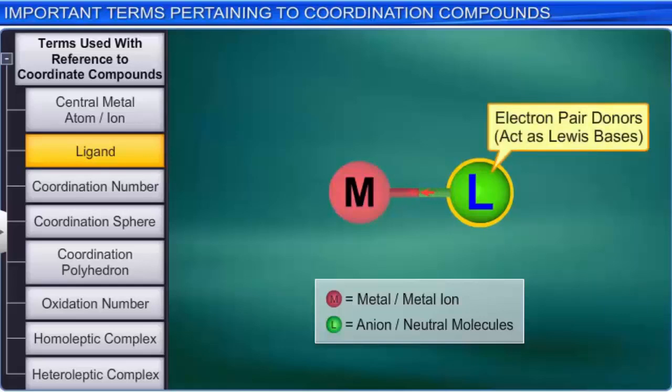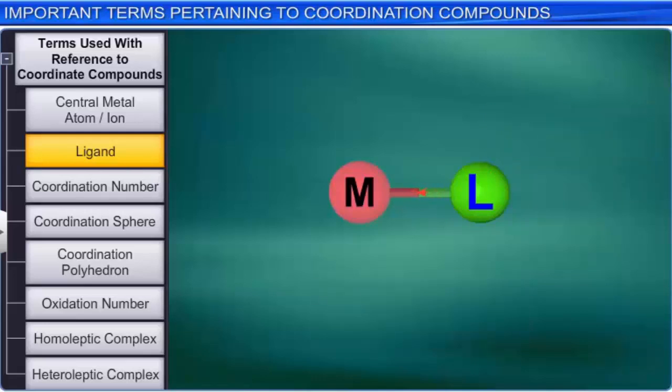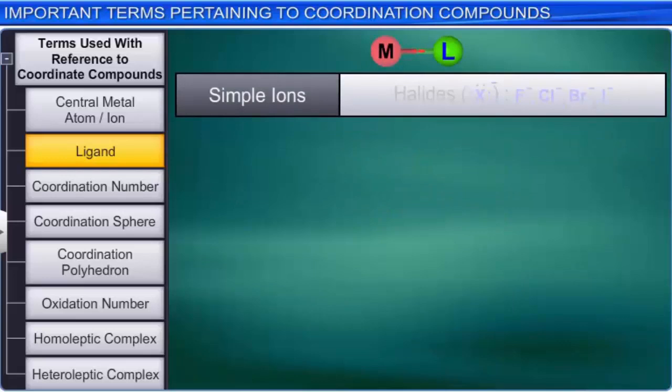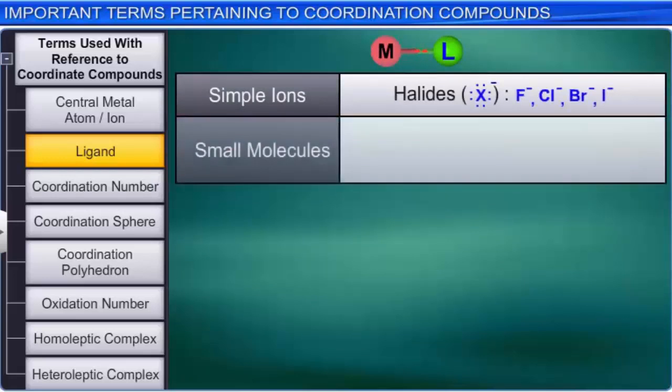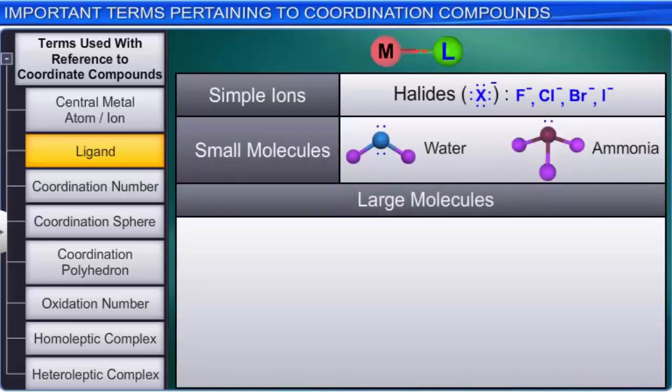Ligands may be simple ions such as halide ions, small molecules such as water or ammonia, or large molecules such as ethane-1,2-diamine or ethylenediaminetetraacetate ion.